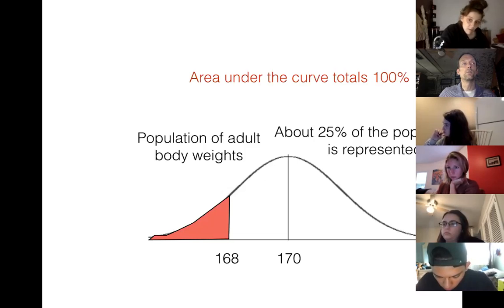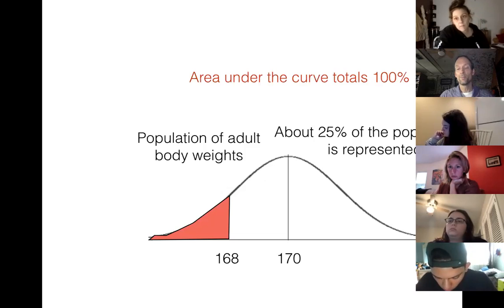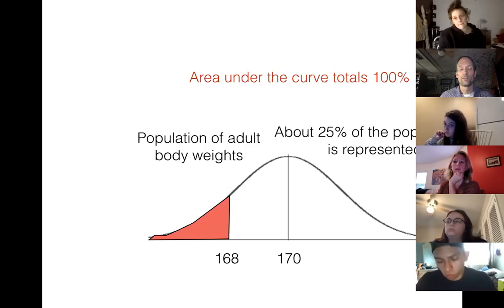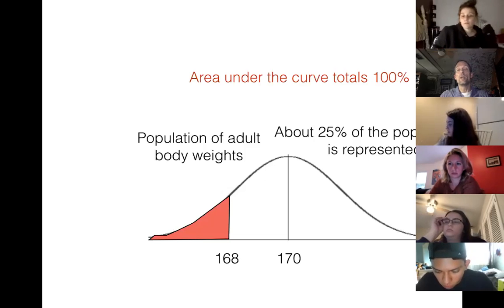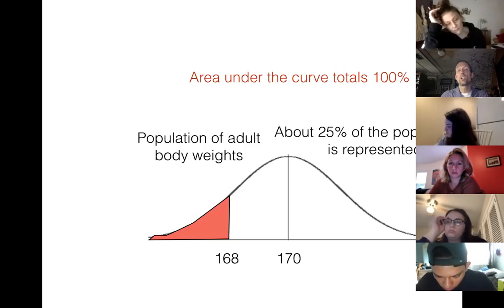And I'm going to do one more. I'm going to go to Erin. She's number 13. Did you mean me? Yep. Oh, I thought you said Aaron. Sorry. Could you repeat the question, please? Sure. If we know that we're representing 25% of the area under our curve, a quarter of the population weighs less than 168, what's the chance that the next person you encounter is going to weigh less than 168 pounds?